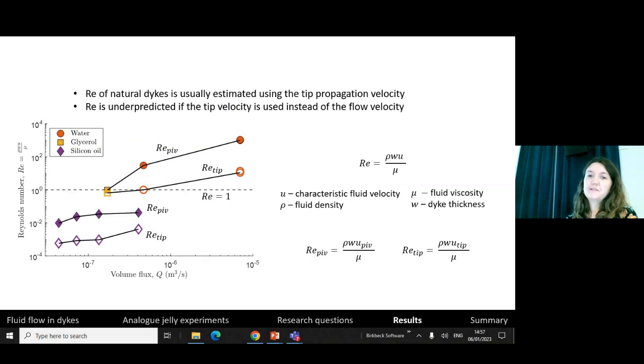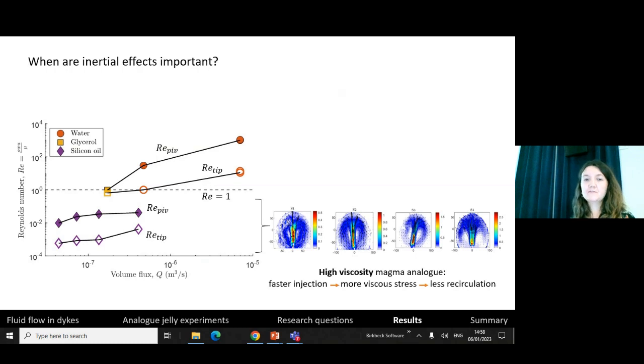We can also use the relationship between the two Reynolds numbers to understand the difference between viscous and inertial forces, and when inertia might be important. Let's first focus on the high viscosity silicon oil experiments. As we increase the flux, after a while the Reynolds number tends to a constant value, and we essentially can't add any more inertia to the system, because viscous effects are very significant.